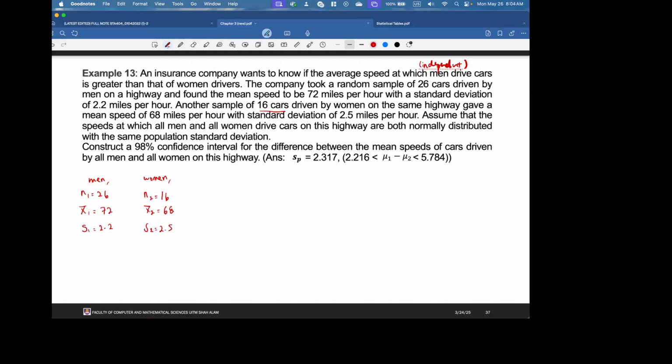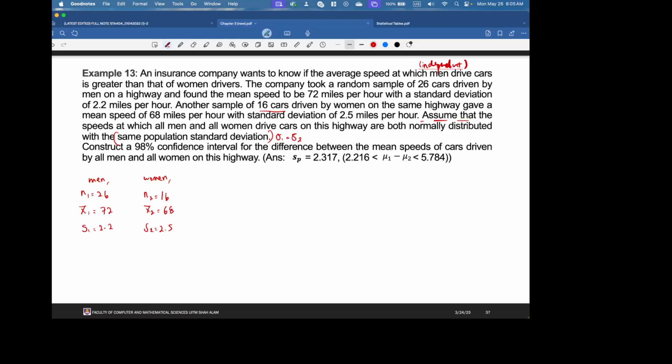Assume that the speeds at which all men and women drive cars on this highway are both normally distributed with the same population standard deviation. The same population standard deviation means that the information given to us is sigma 1 equals sigma 2.